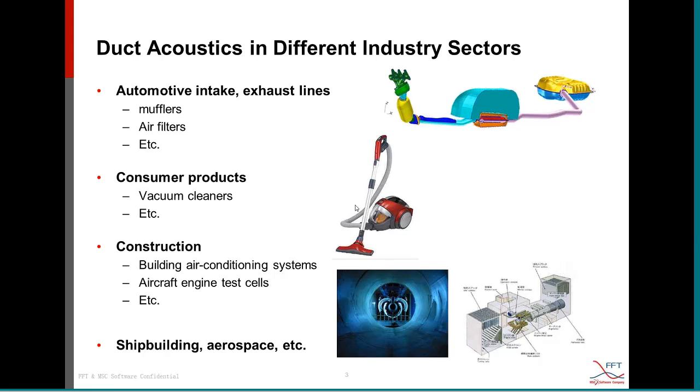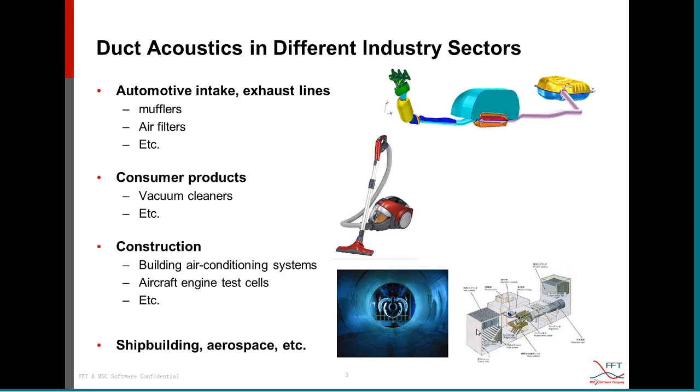In other industries like construction, we consider duct acoustics, but on a grander scale. For example, acoustic propagation in the air conditioning systems in buildings, or this example, which is a very specific one, about the test facilities designed for testing the performance of aircraft engines. But we see we have ducts and pipes that are of grander scale.